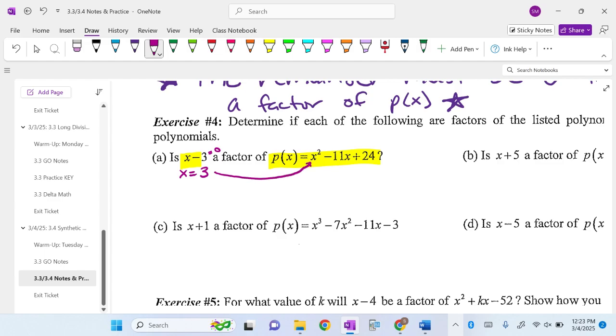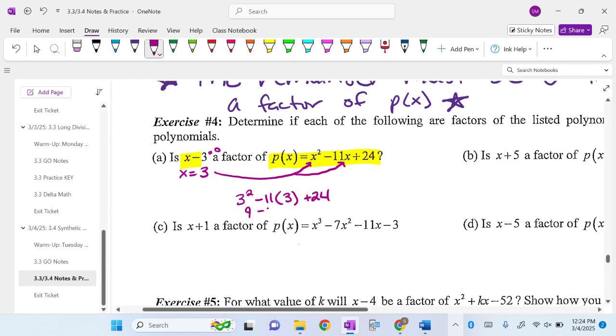I then plug that in for all of the x's in my polynomial. So I have 3 squared minus 11 times 3 plus 24. You could throw that in your calculator, or do a quick calculation like me. This would be 9 minus 33 plus 24, which is negative 24 plus 24, which is 0.